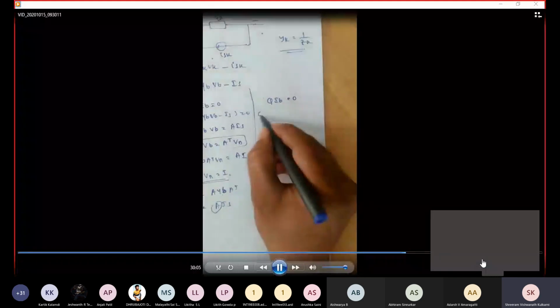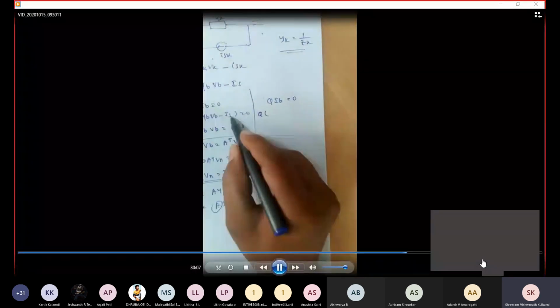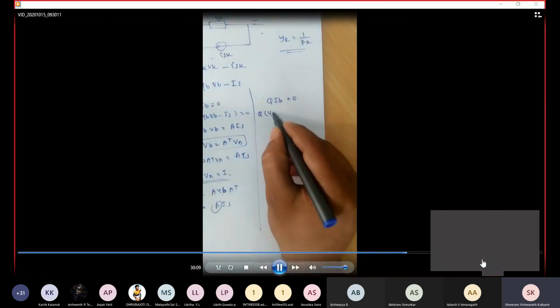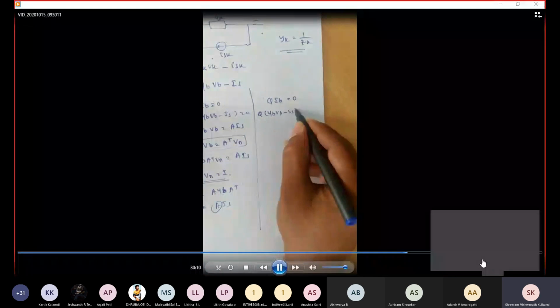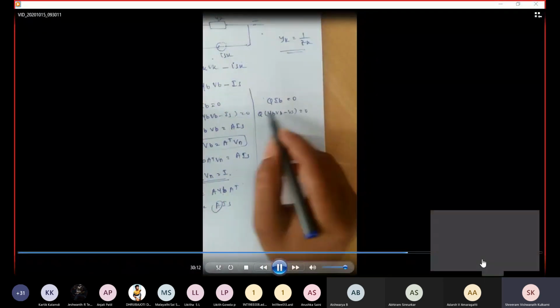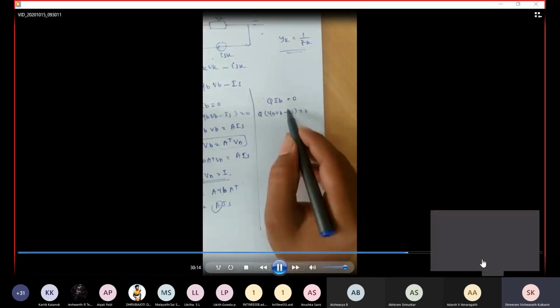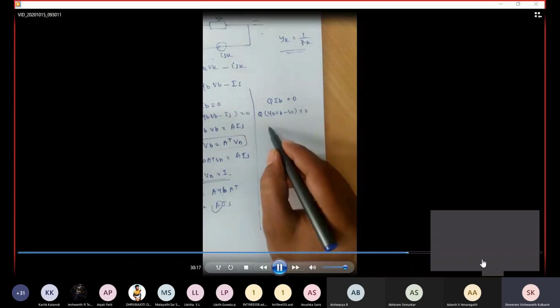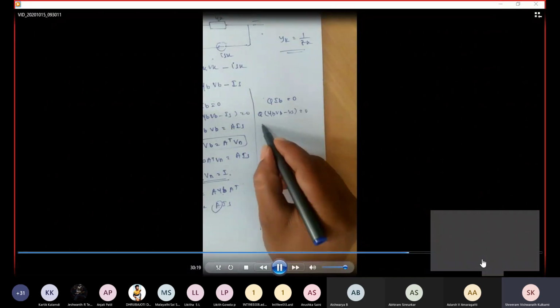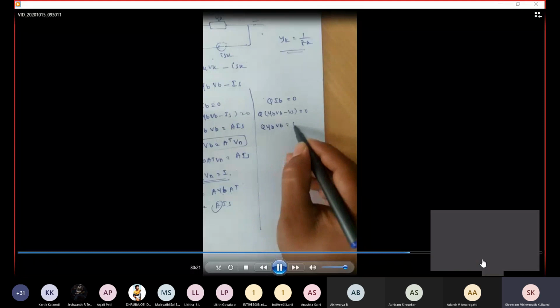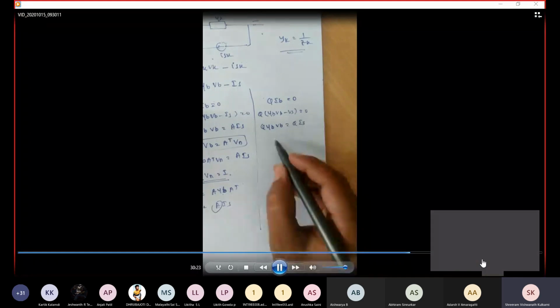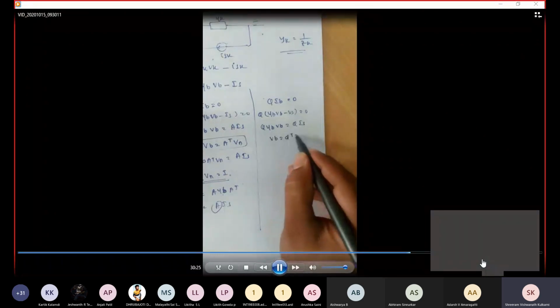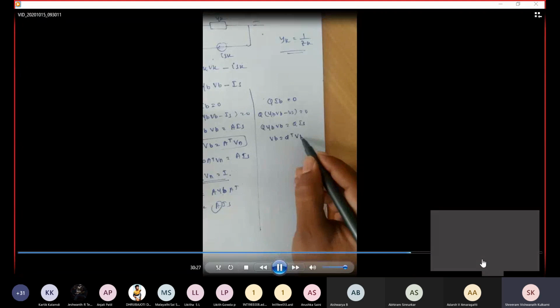Then Q IB, we know IB equals YB VB minus IS, equals 0. Then Q YB VB equal to Q IS. Then we know VB equals Q transpose VT, the twig voltages. VT is the twig voltage vector.